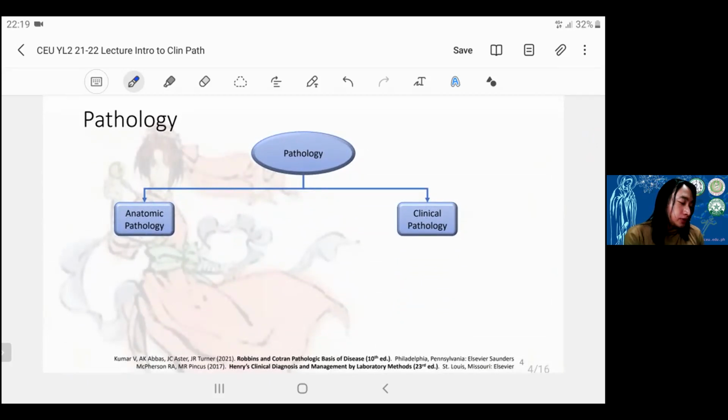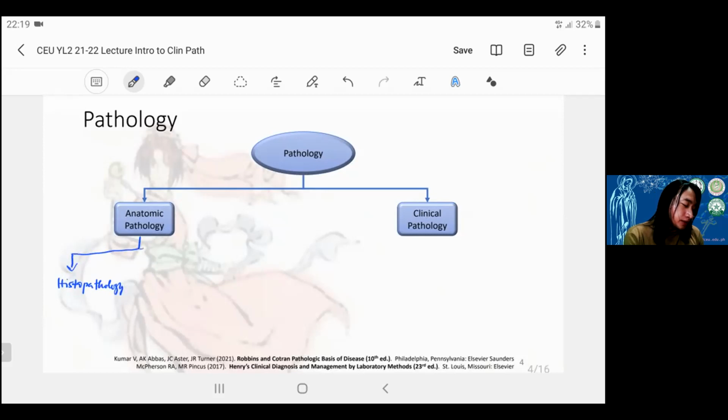So anatomic pathology, the bulk of it would be under histopathology. So this is the study of tissues and morphological changes associated with it, and determining why those morphologic changes occurred. And that's what we've been discussing and what we will be discussing in the succeeding lectures and modules.